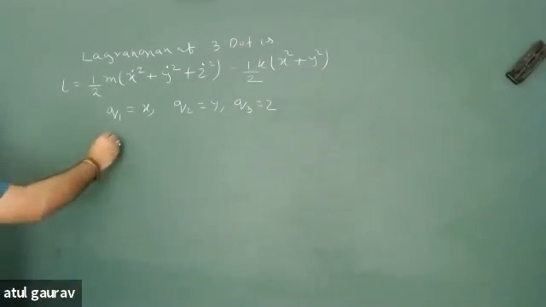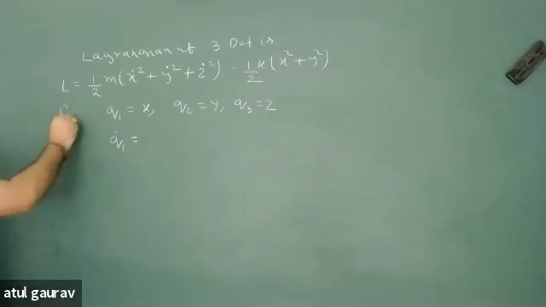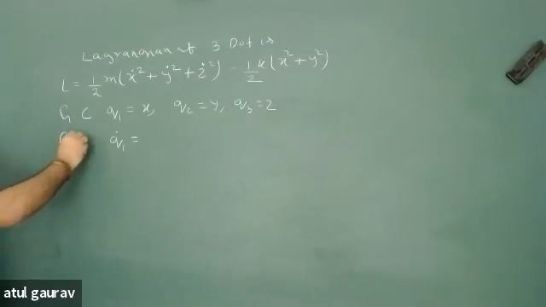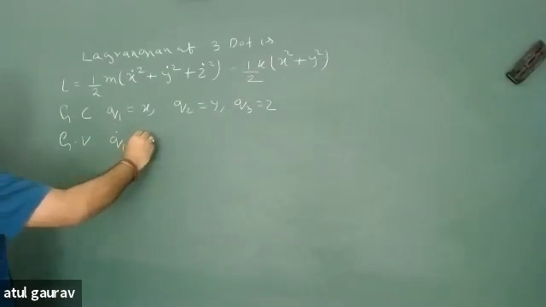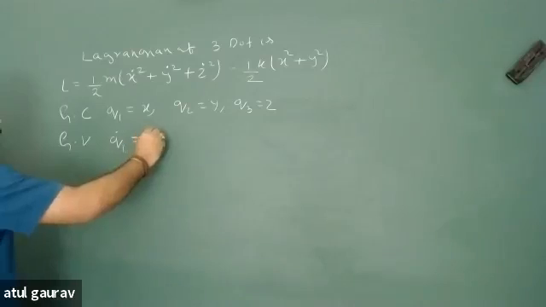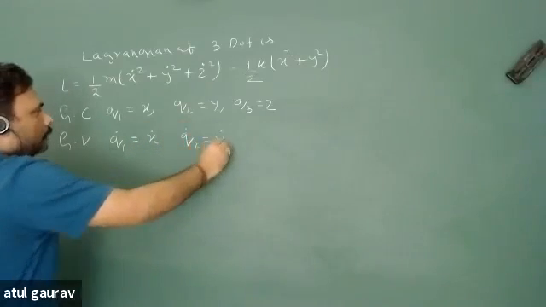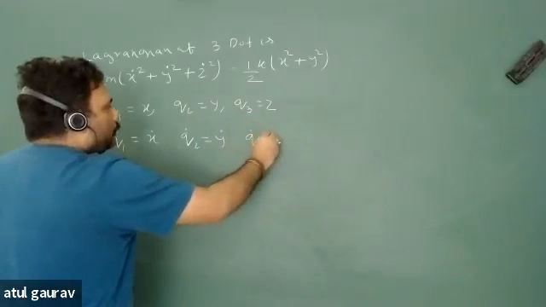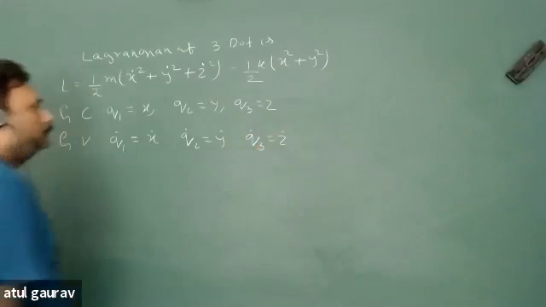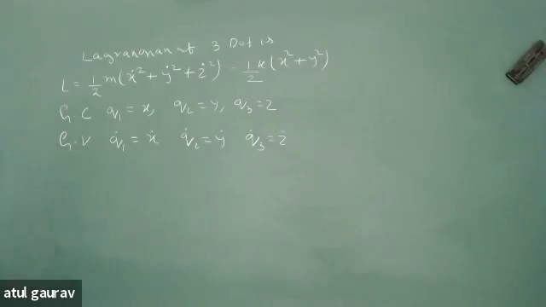What is my generalized velocity? q1 dot is equal to x dot, q2 dot is equal to y dot, q3 dot is equal to z dot. So this is my generalized velocity, and let's go for generalized momentum.